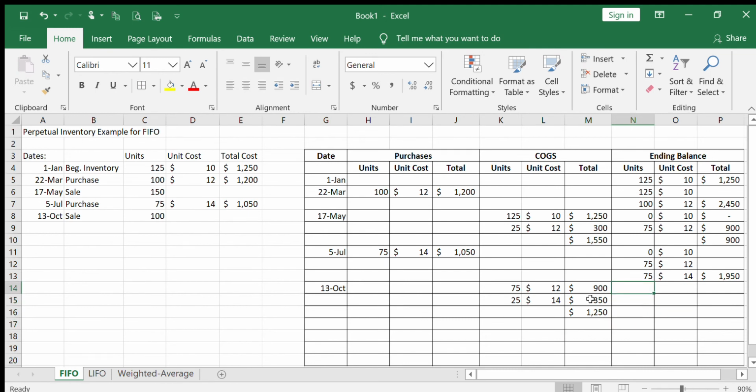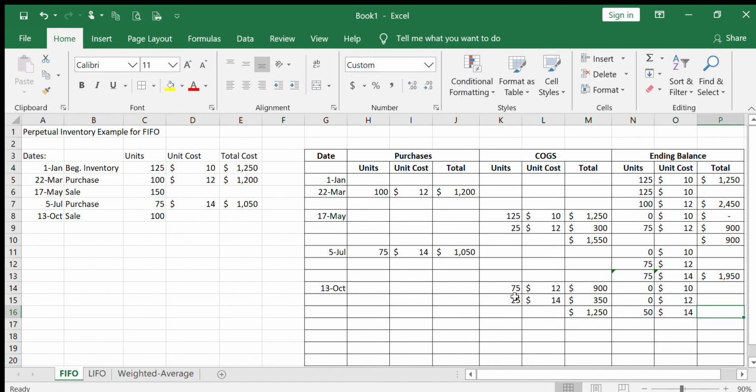We'll update, so we're still at 0 for our inventory from our beginning inventory. And then we will be doing 75 minus our 75 at 12, and then we will do 75 minus 25 at 14.